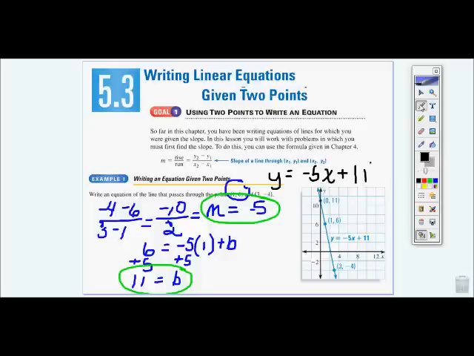Your rise would be going down 5, and you would run 1, so that's where you're getting the point (1, 6). So this would be your b. This is your applied m. And then you could even check by going back to one of your points. We'll go to this other point that we didn't use, 3, -4, and when we drew our line in, we can see that the line goes through that exact point.